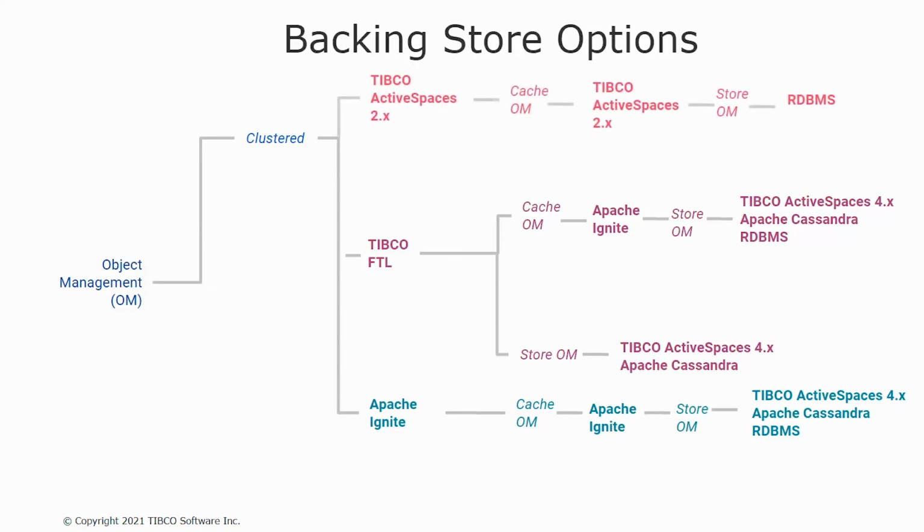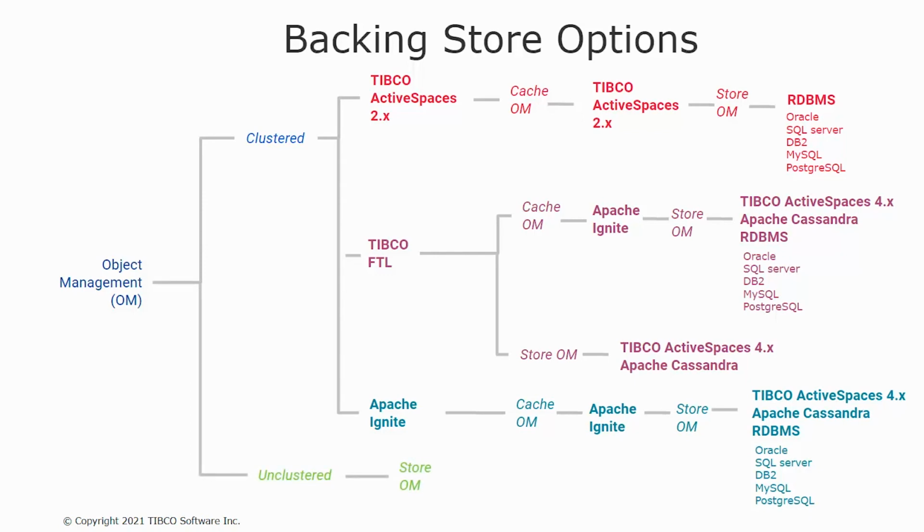With Active Spaces 2 as a cluster and cache provider, you can configure for any of the relational databases offered. The available relational databases are Oracle, SQL Server, DB2, MySQL, and PostgreSQL. For unclustered object management, you can configure TIBCO Active Spaces 4 or Apache Cassandra stores. These are all the backing store combinations that you can configure in TIBCO BusinessEvents 6.